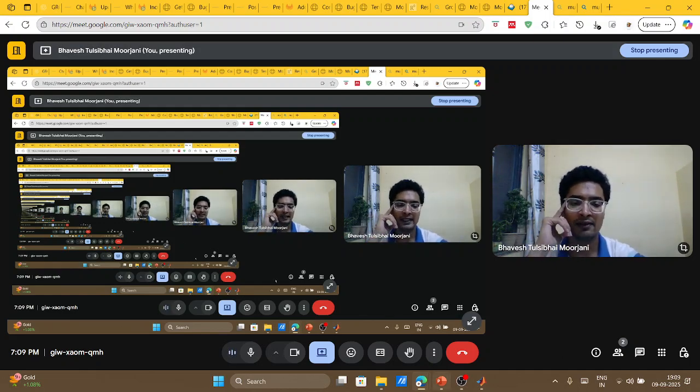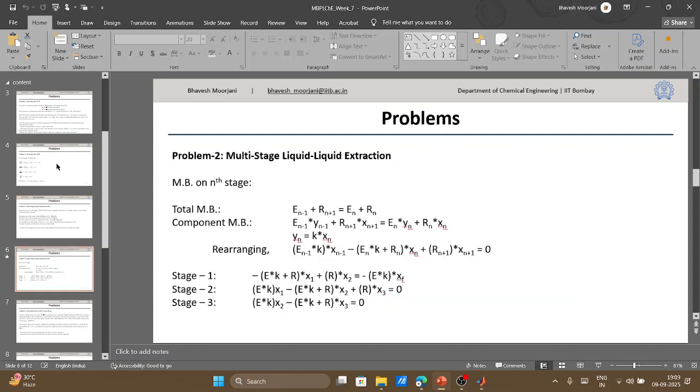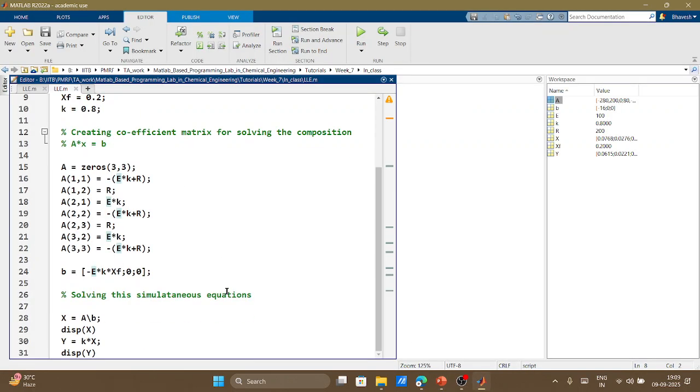But the basic idea was that you will get this system of equations when you are solving the multi-component liquid-liquid extraction problem, and once you do that, you can solve these multi-component equations using inbuilt Matlab packages, right? I can also use, instead of A/B, I can use linsolve, right?